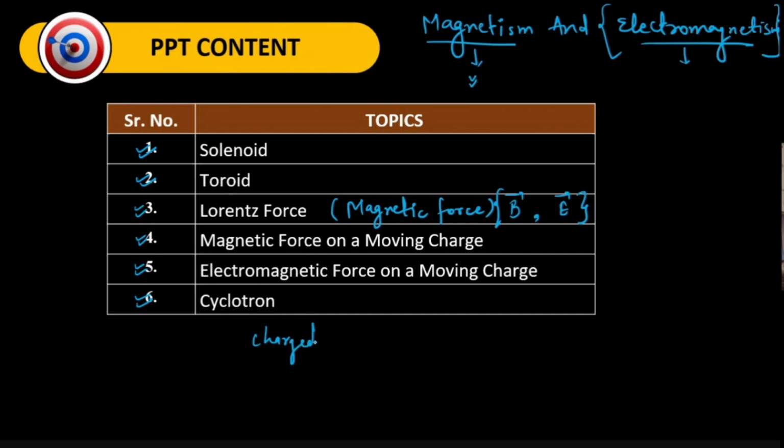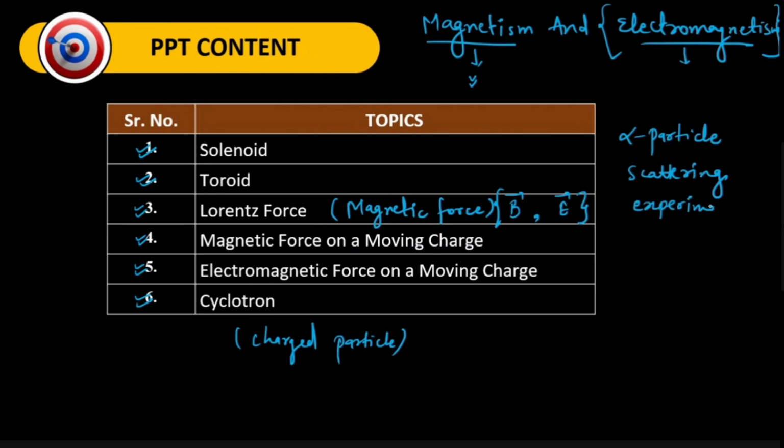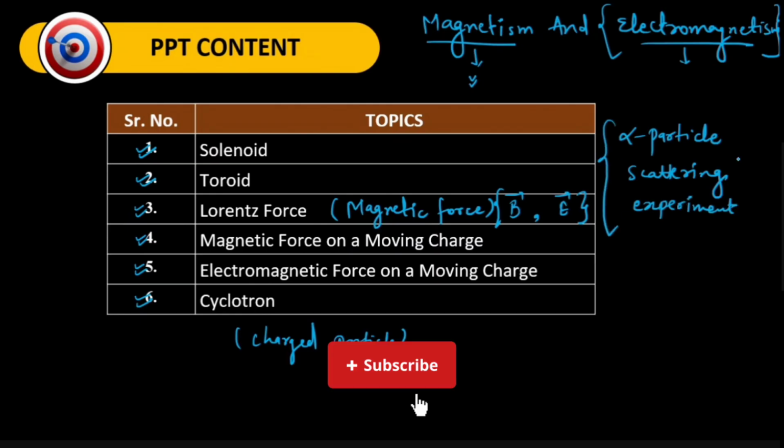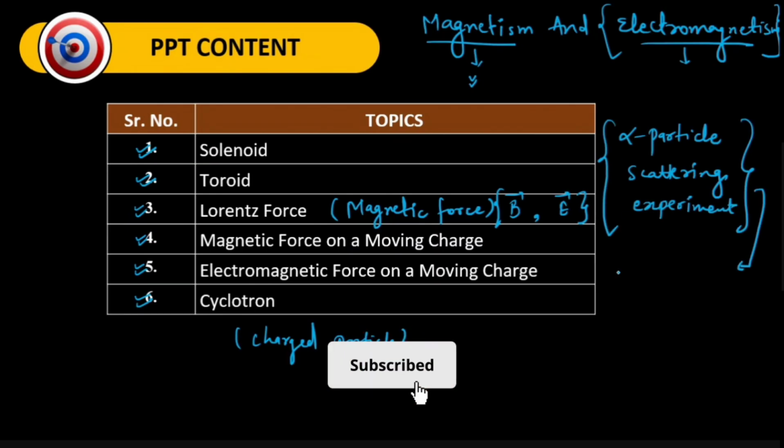In order to understand it, let me give you a very simple example. If you know about the alpha particle scattering experiment, which was performed by Rutherford, in that experiment, he used alpha particles as the source of charge, and he bombarded these alpha particles onto a gold foil. Do you know that experiment done by Rutherford?